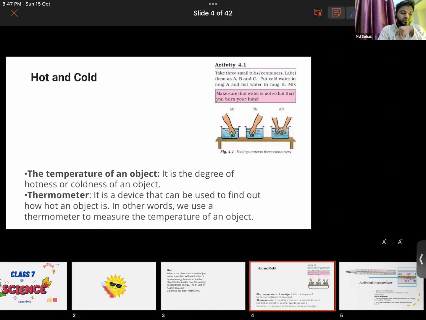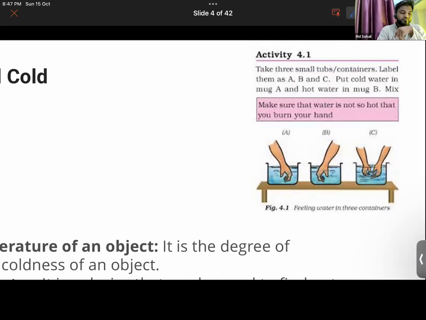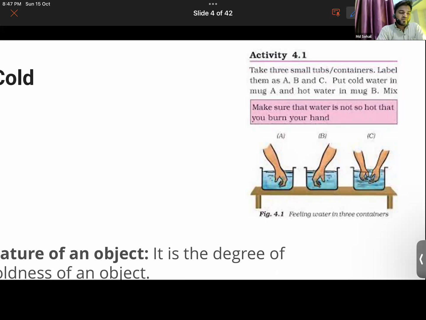For example, look at this activity here. You have taken three small mugs or containers. Mark them as mug A, B, and C. In mug A, we will be putting cold water. In mug B, we have got hot water.